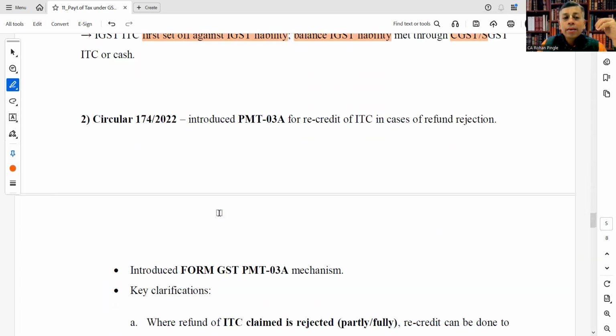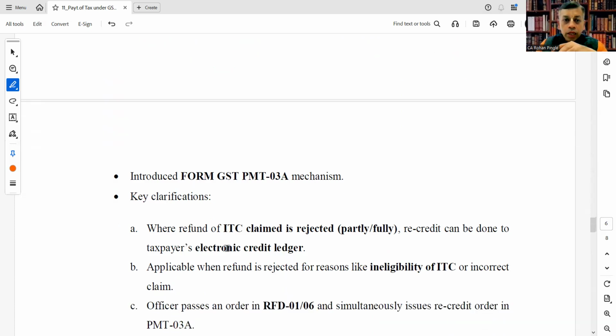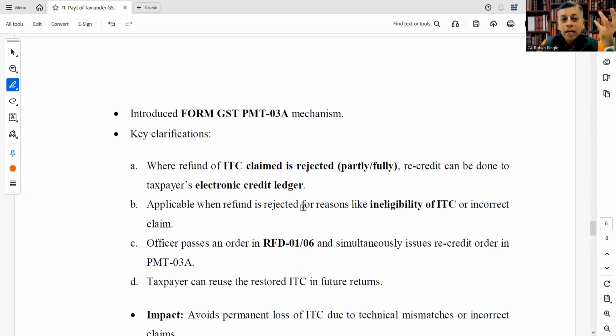Circular 174 of 2022 introduced PMT-03A for re-credit of ITC in cases of refund rejection. It introduced the GST PMT-03A mechanism, and what are the key clarifications?